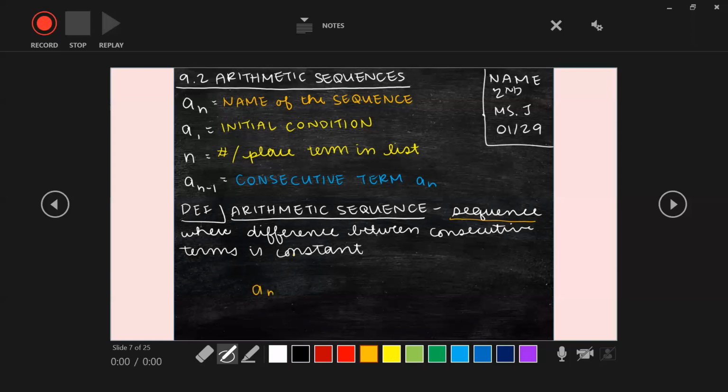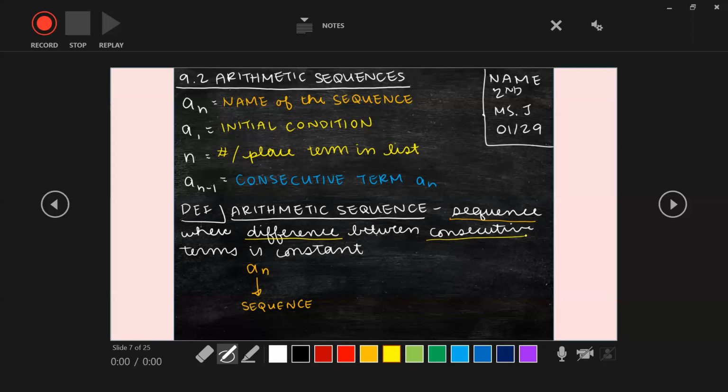So we'll have A sub n. That is my sequence. And it is the difference between that and a consecutive term.